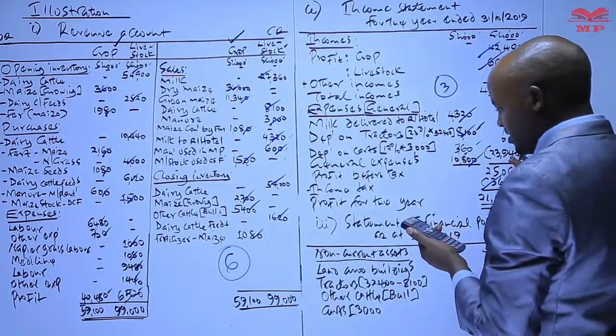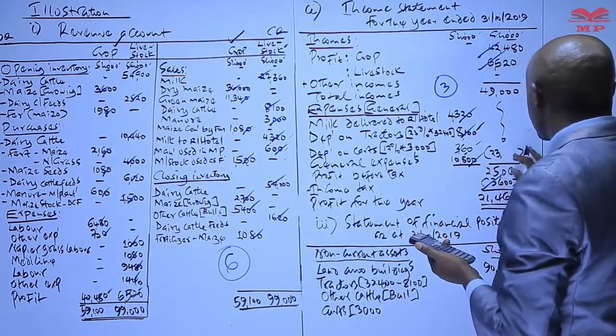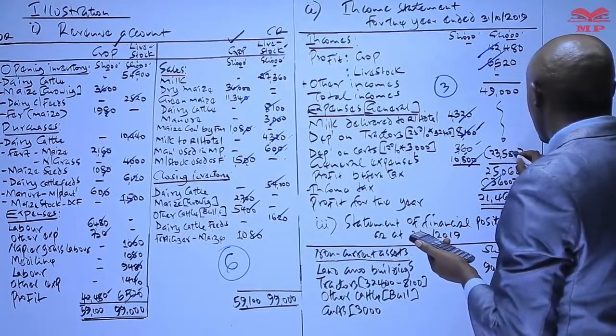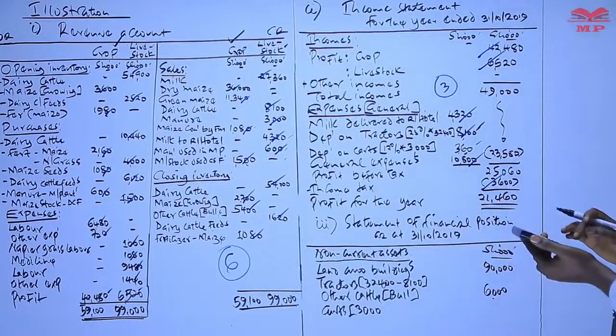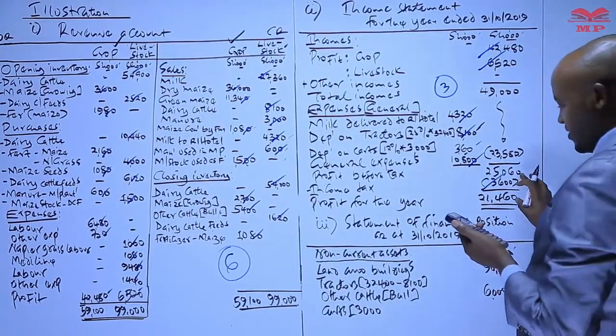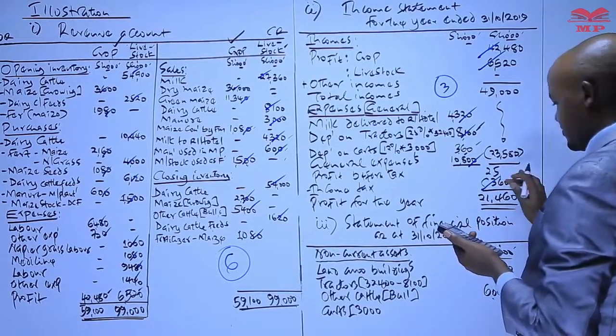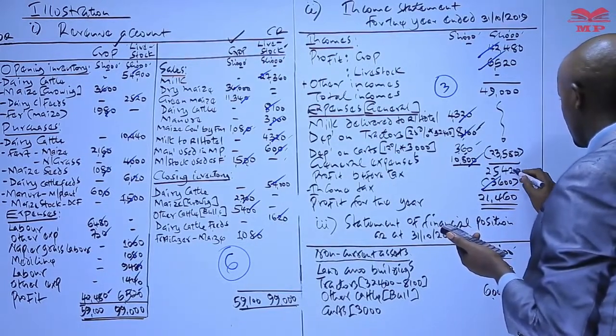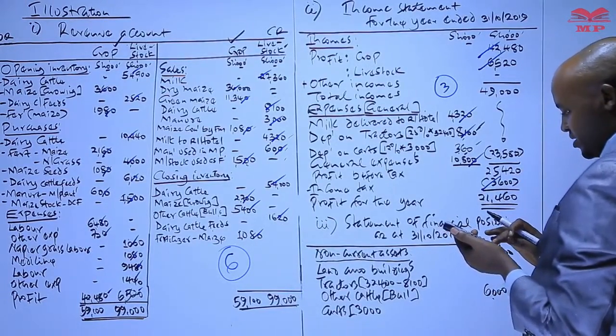That will be 23,580. We deduct it from that figure up there, 49,000, which will give us 25,420, and then minus 3,600.